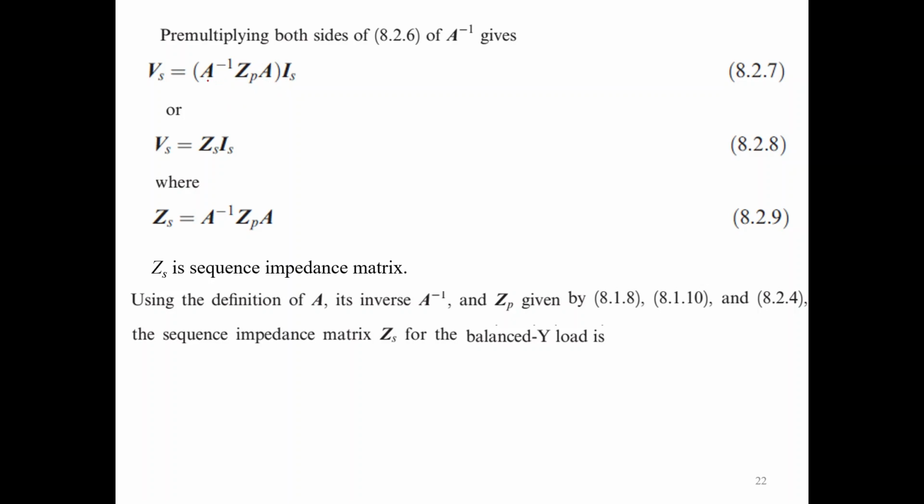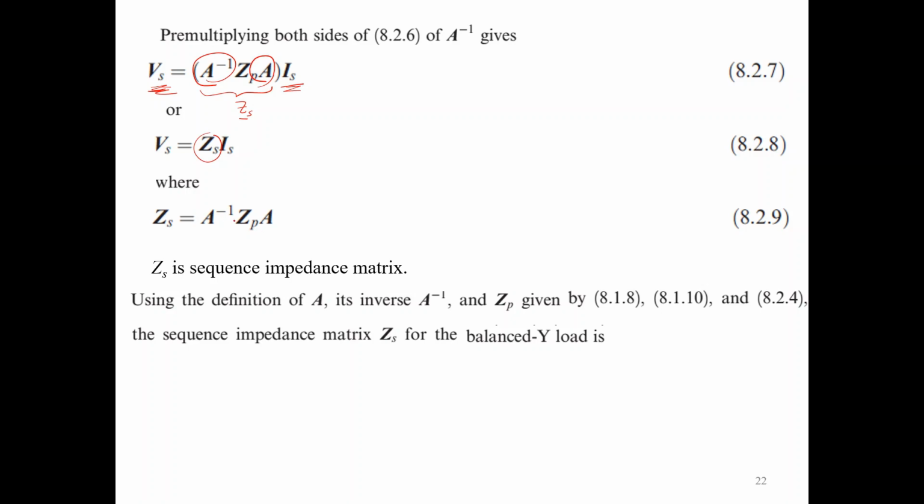So this is A inverse times A. And that's why you have VS, the sequence voltage, on one side, and on the other side you have the sequence current. So basically V is equal to C times I. So this is CS, the sequence impedance. So CS is in the relationship of A inverse times CP times A.